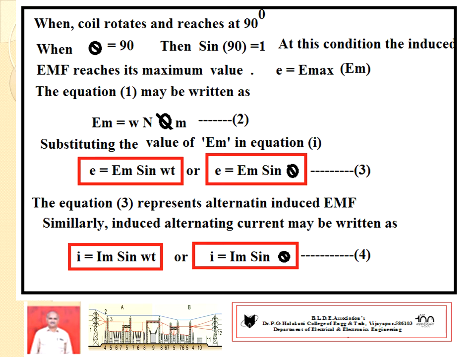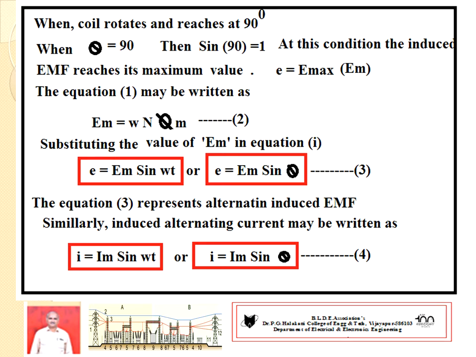Then substituting this Em value in equation 1, it is very easy. ω N φm may be replaced by the maximum value. So e equals Em sin ωt, or e equals Em sin theta. Expression is over, sir, 8 marks.